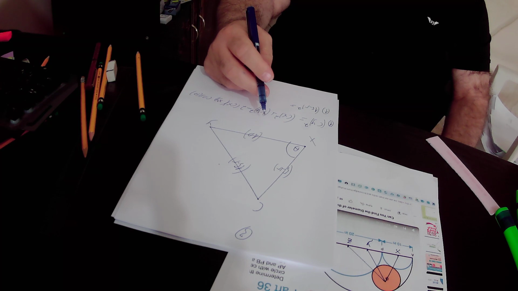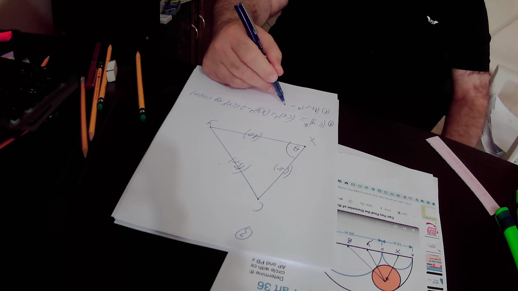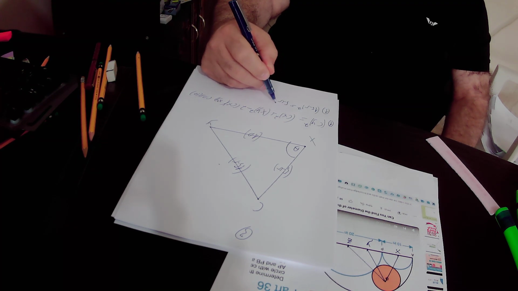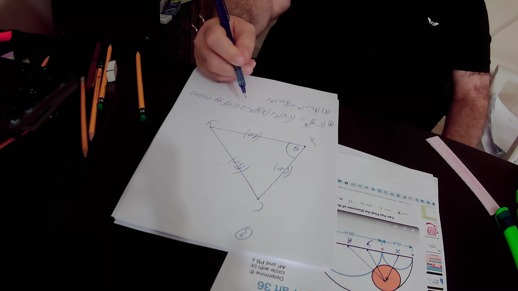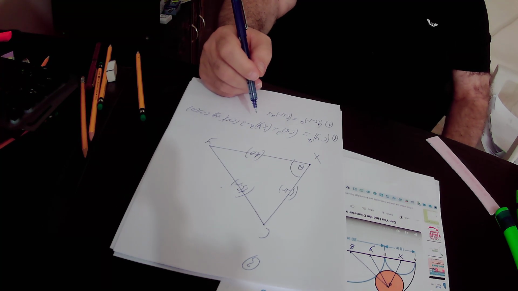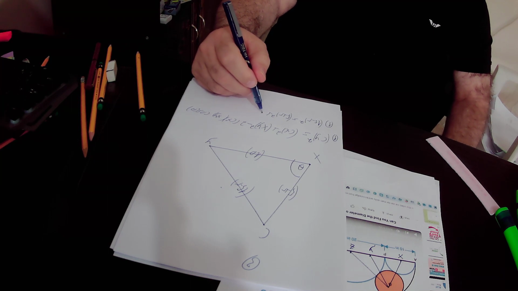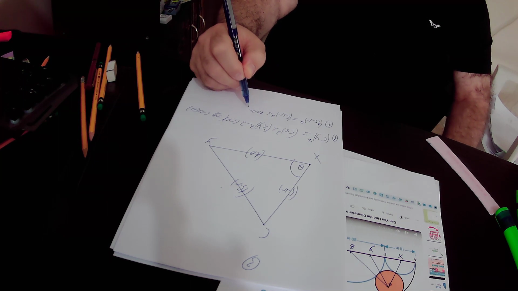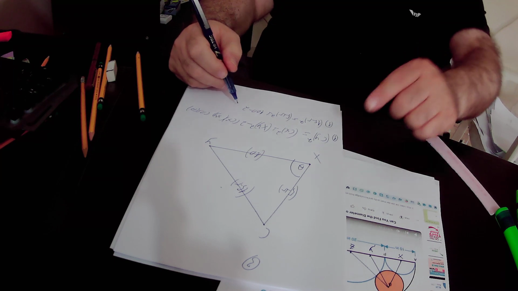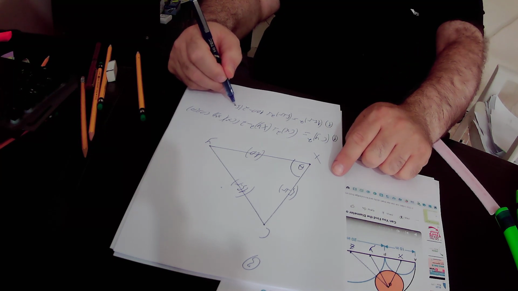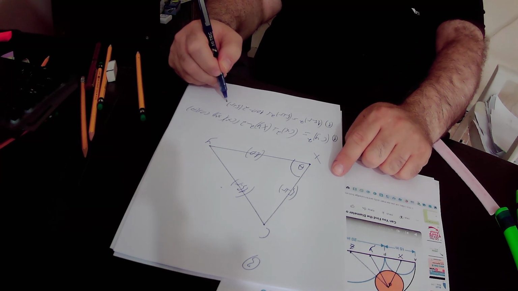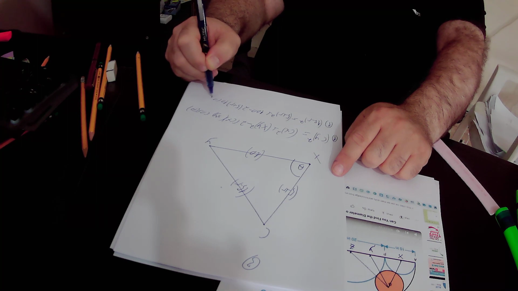CX is 5 plus r, so CX squared will be equal to (5 plus r) squared, plus XY squared. XY equals 10, so XY squared is 10 squared, that is 100, minus 2 times CX, which is 5 plus r, and XY is 10, times cosine theta.